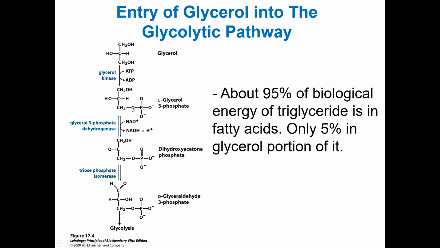Then glycerol 3-phosphate gets oxidized to a ketone. That is glycerol 3-phosphate dehydrogenase, very easy to memorize the name of this enzyme. Glycerol 3-phosphate dehydrogenase will utilize NAD plus and oxidize that secondary alcohol to a ketone. So now you have a molecule that you can recognize called dihydroxyacetone phosphate.